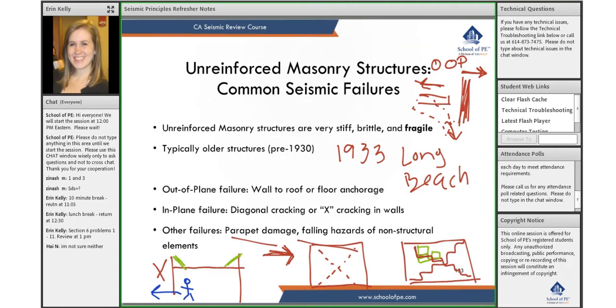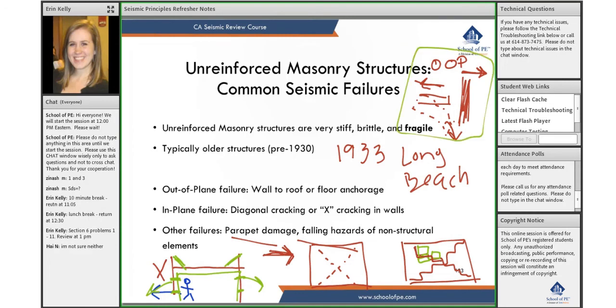So yeah, and I guess we can talk about retrofit at this point. So the way that you would retrofit this building is you basically add a new frame inside. So it's common to add a steel moment frame, and then you tie in the walls, because you don't want the walls to go out, because they are still fall hazards even if they're not resisting your loads.